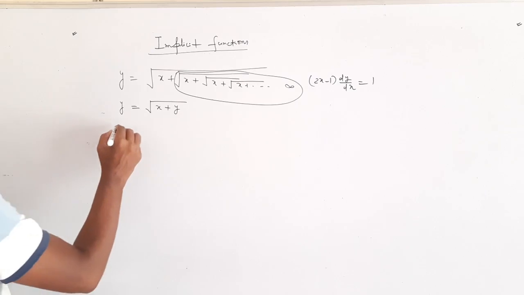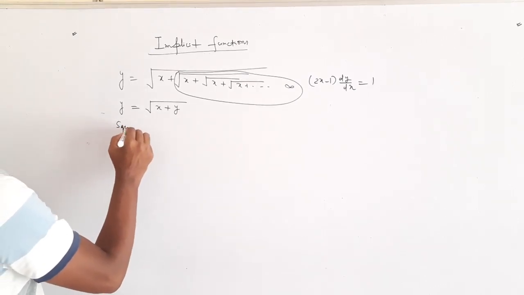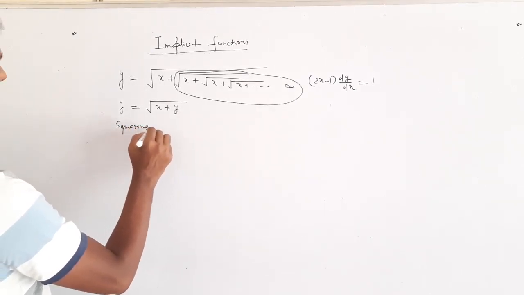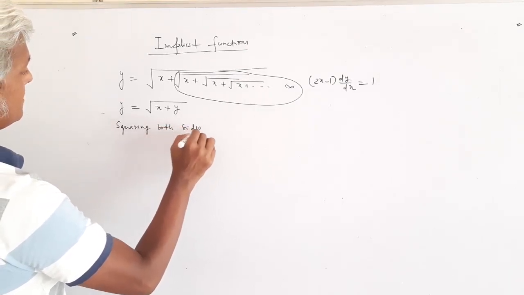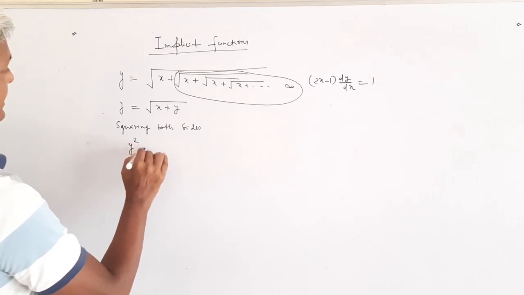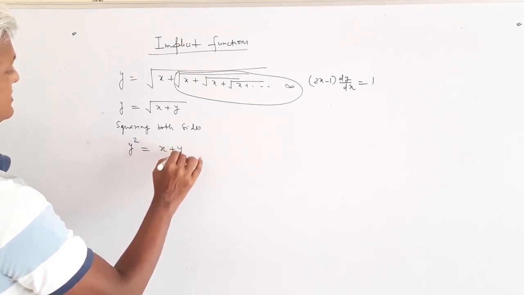So now squaring both sides, we have y² is x plus y.